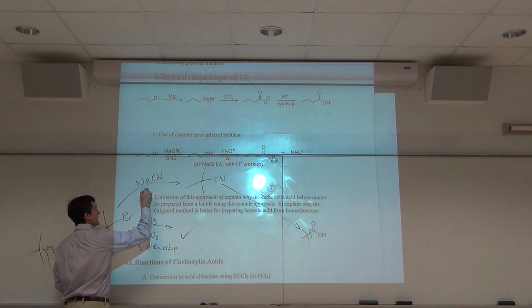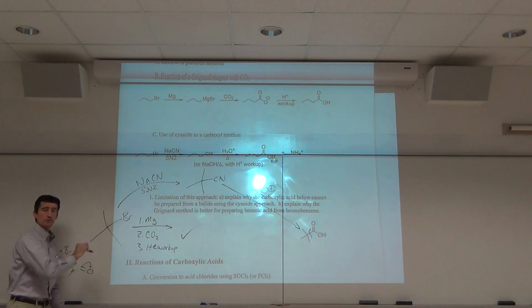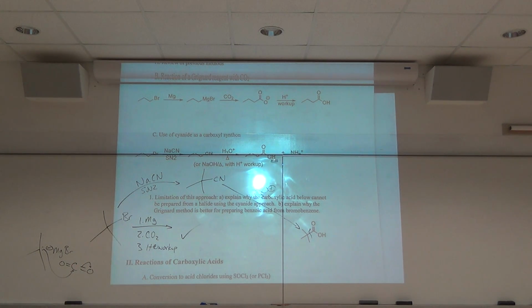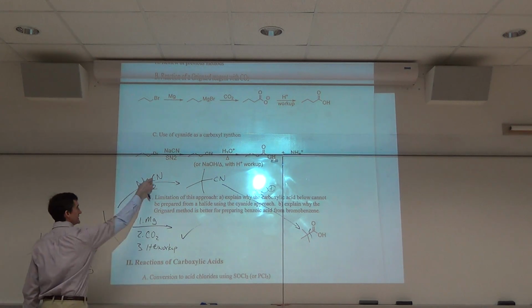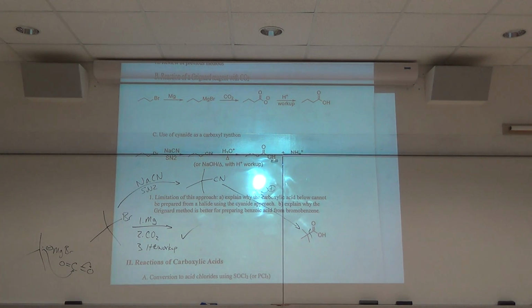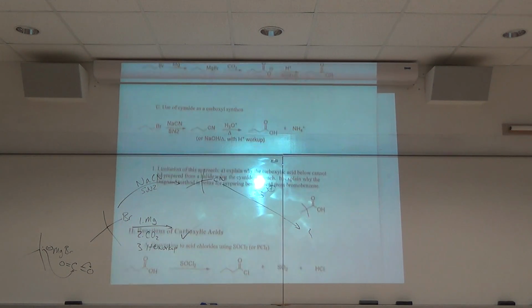No, you don't do SN2 on a tertiary halide. So that's got a problem there. So in that particular case, the Grignard would be best, and the cyanide synthon approach is not going to be good. It's probably going to eliminate. Cyanide will probably act as a base and do an E2 elimination. Does that make sense?